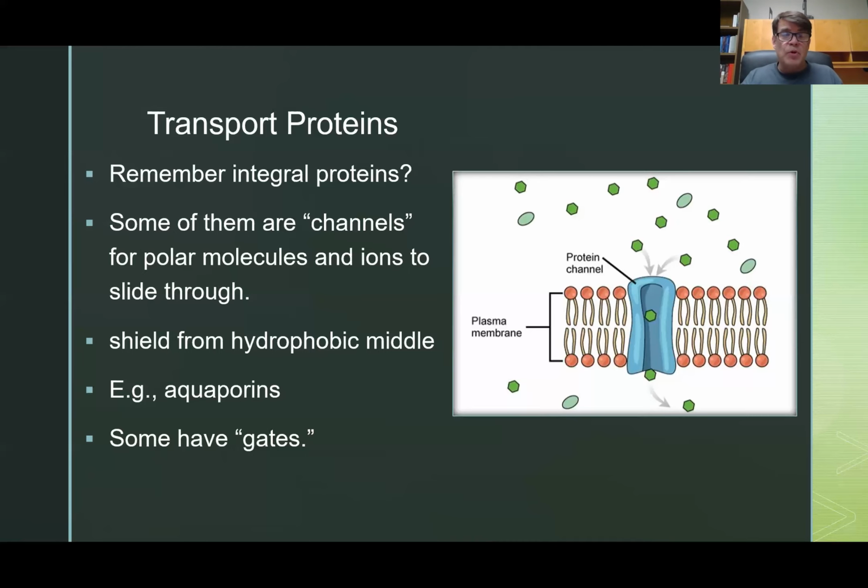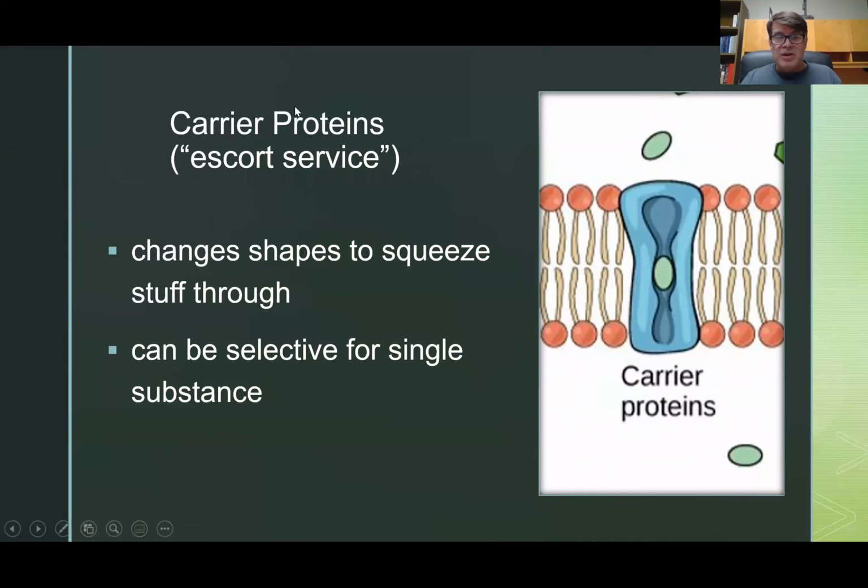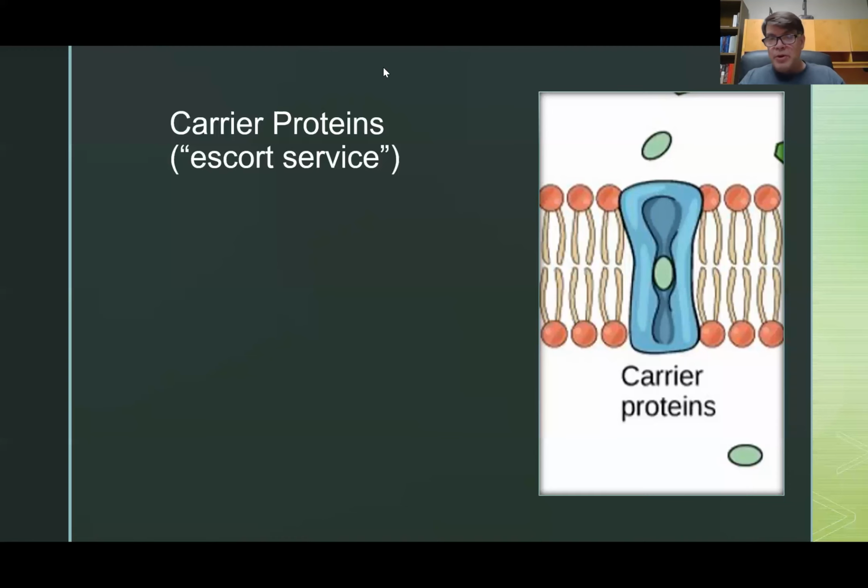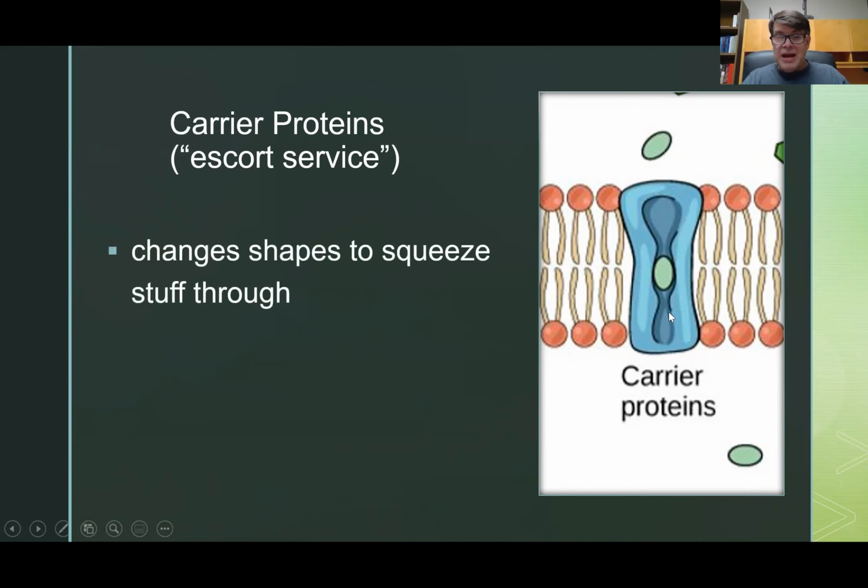Channels only. Okay. The other kind of protein are the carrier proteins. I'm sorry I didn't let it animate. There we go. The carrier proteins are not slip and slides. They're an escort service. Again, forgive me. They escort certain molecules through. They change shapes to squeeze things through.